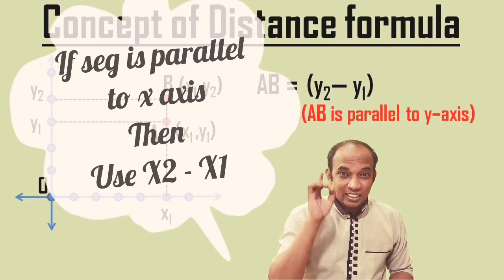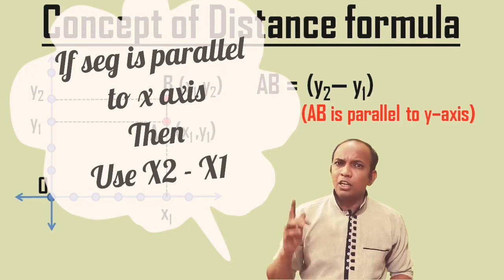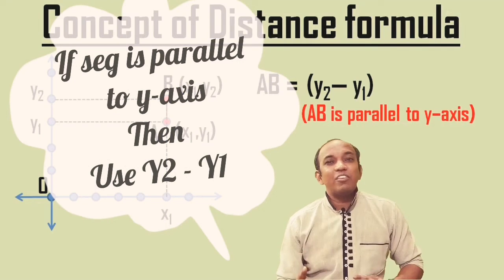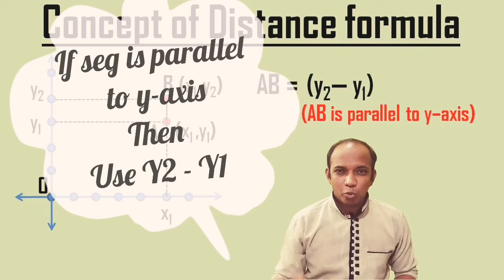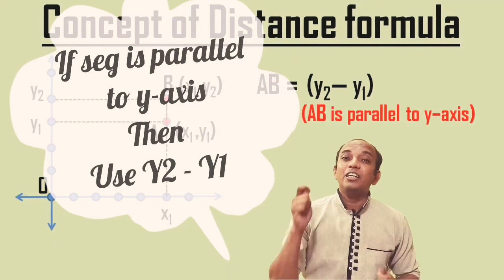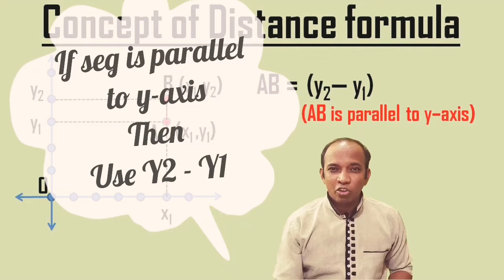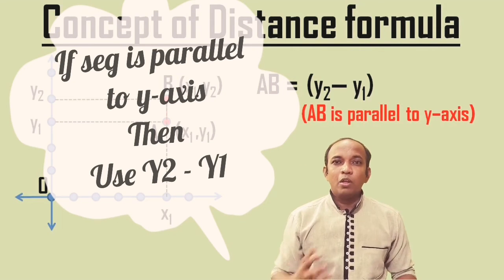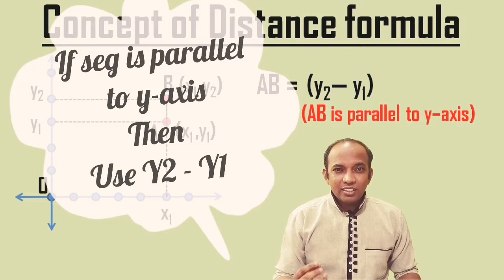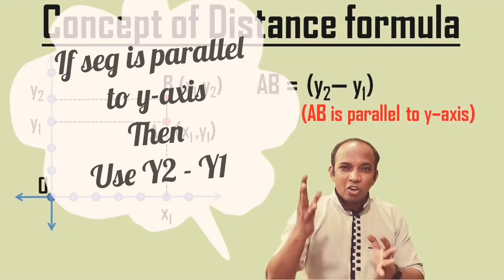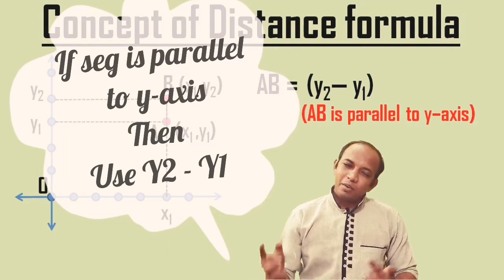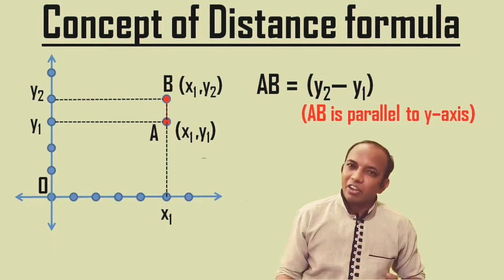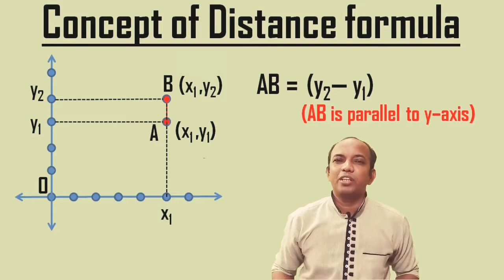The condition is that the segment is parallel to the x-axis. Now if the segment is parallel to the y-axis, we calculate the distance by finding the difference between their y coordinates, that is y2 minus y1, or you can do y1 minus y2 also, but see which one is the bigger coordinate. It's bigger coordinate minus smaller coordinate, so sometimes it can be y2, sometimes y1. Be careful about that part.